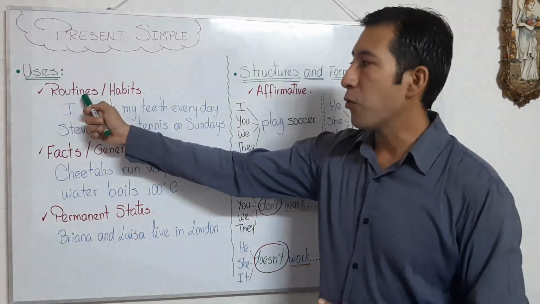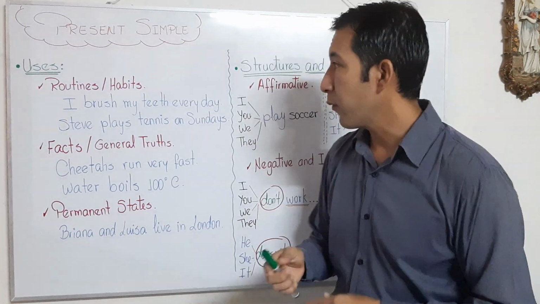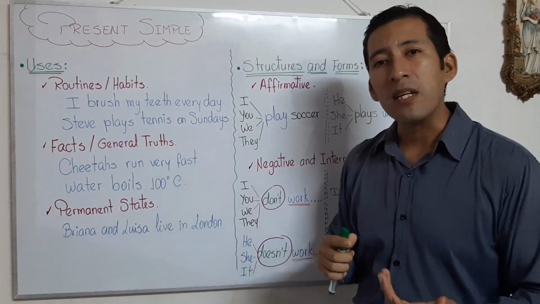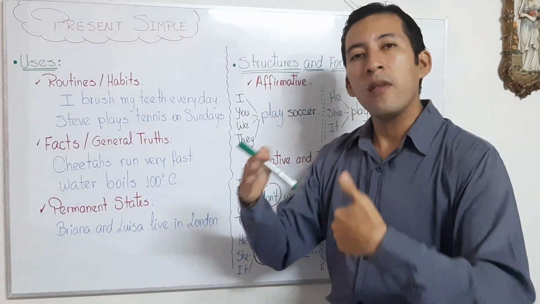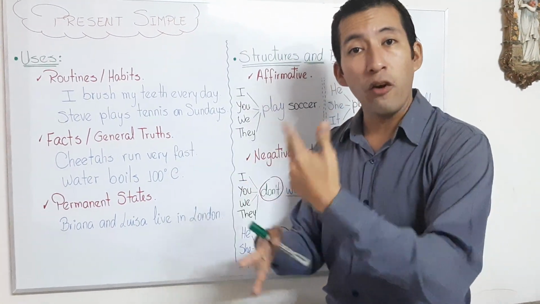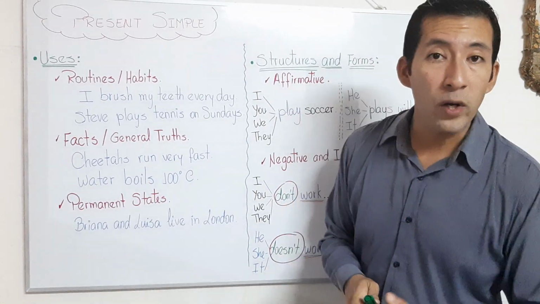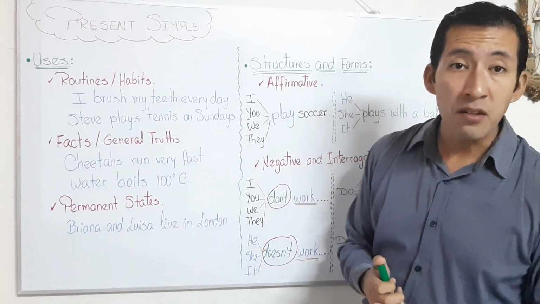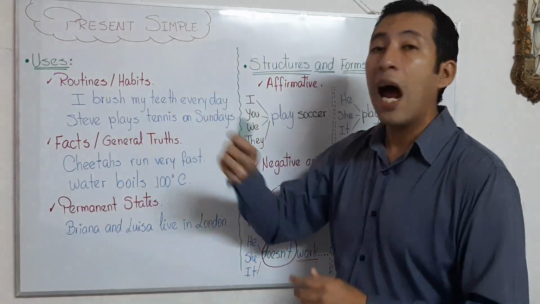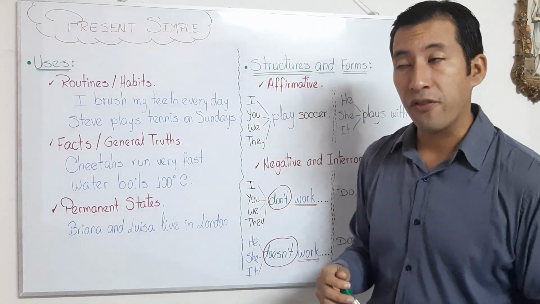Not all day, but every day. And habits are activities which are done by a period of time. For example, every Sunday, twice a week, twice a month, three times a year, etc. So they are habits because they are done by a period of time.